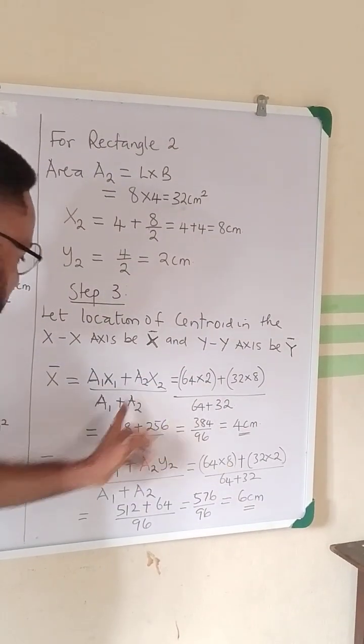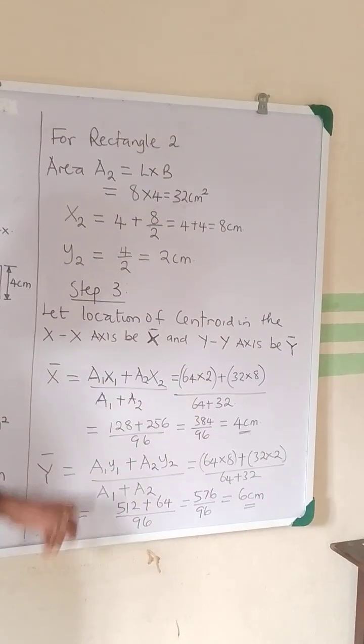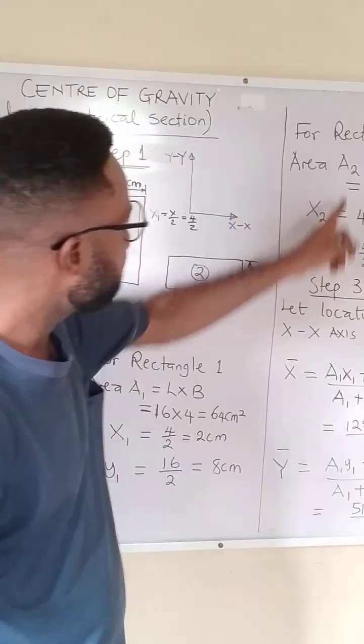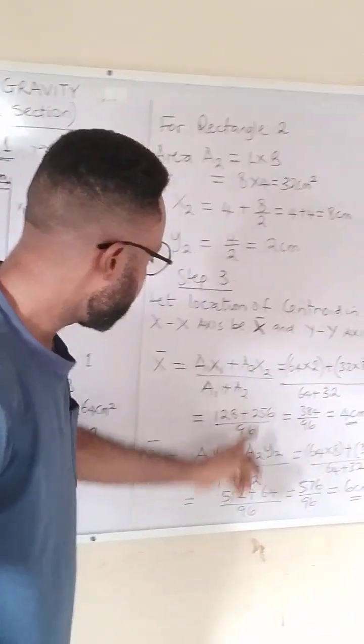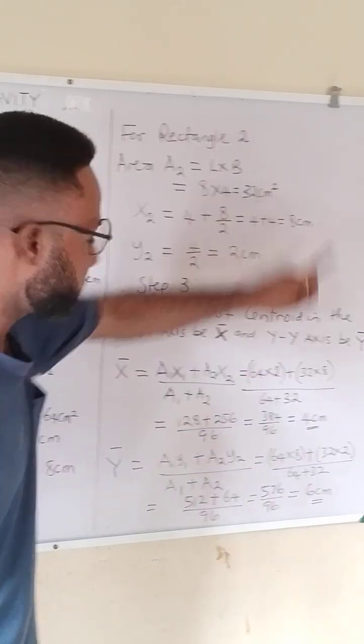So from our calculation, we have that our a1 is 64, times our x1. Where is our x1? x1 is 2, so we have times 2 plus a2. Our a2 is 32 cm squared, times our x2. Where is our x2? 8 cm.